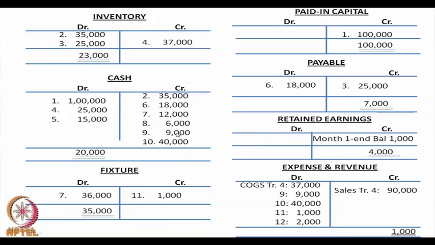Therefore, we cannot put 1,000 rupees here. We instead show that fixture which originally was purchased for 36,000 rupees, its book value reduces by 1,000. So, this 1,000 rupees is the amount that we show as an expense to be accounted for in the calculation of profit. So, this is the amount by which the fixture value comes down. So, this is transaction number 11.